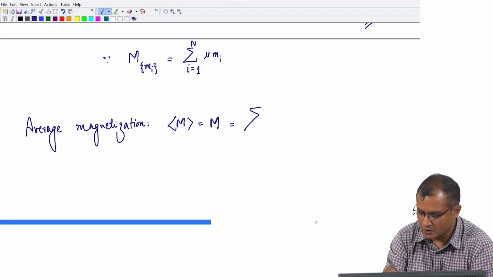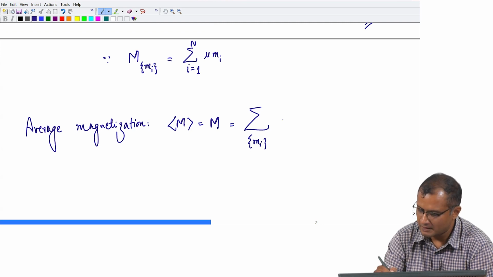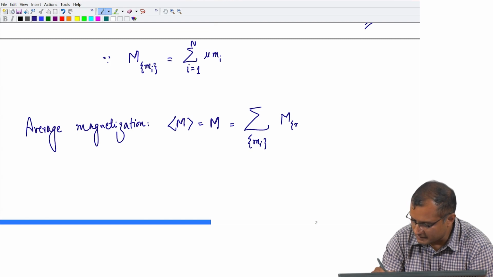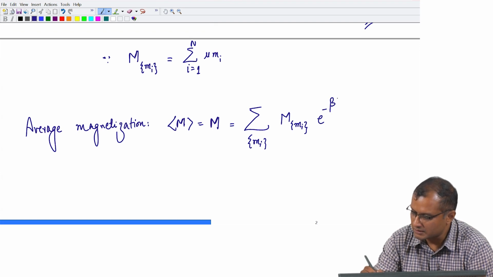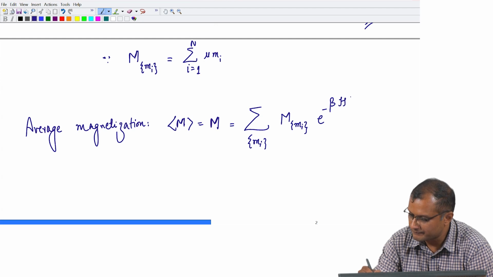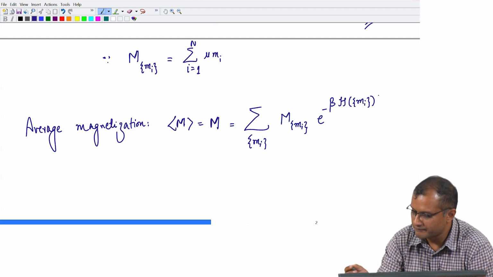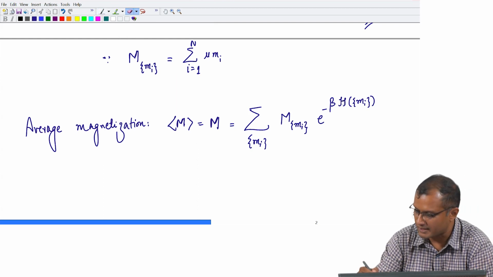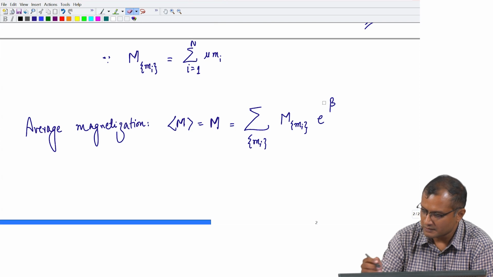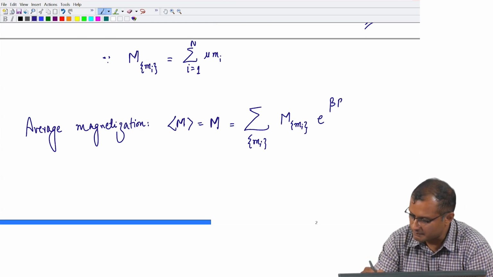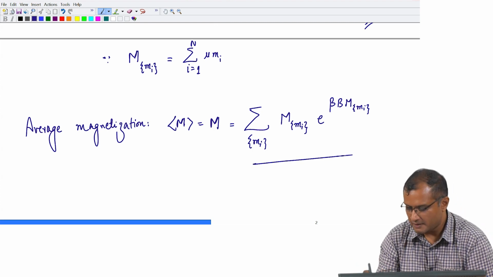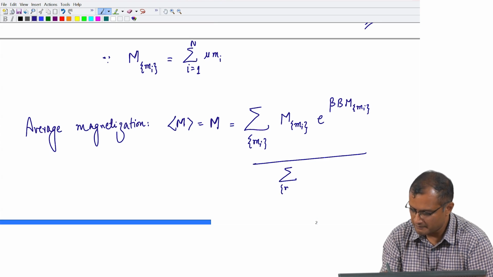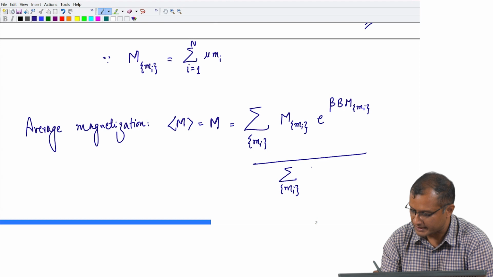It is nothing but summation over all the microstates, the magnetization of the microstate that is being summed over, e to the power minus beta into the energy scale, and I know this energy scale has already been written as beta b into mu, the magnetization of the muth microstate, which is a set of mi's, divided by our partition function, because this is the normalization of the probability, that is all.